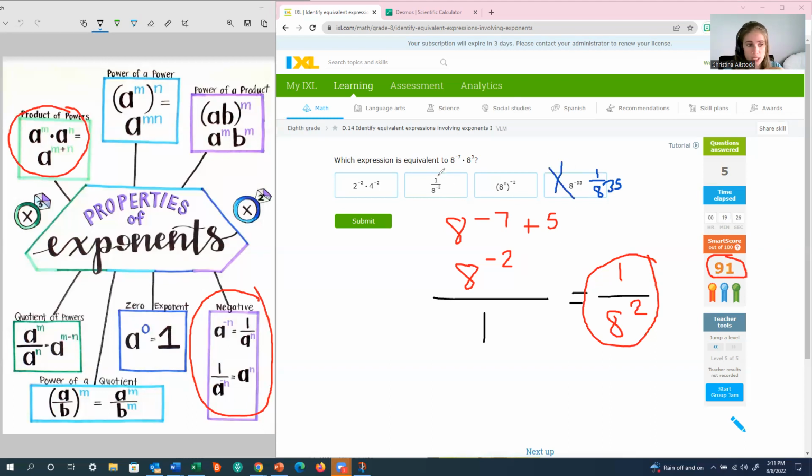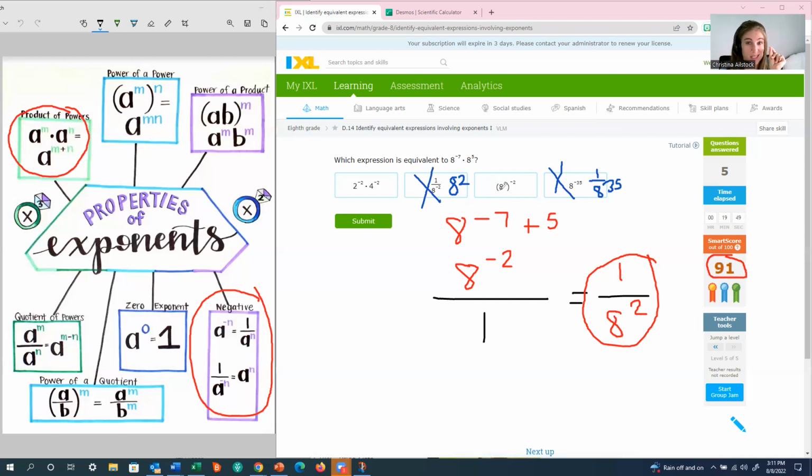All right, how about this second one here, 1 over a to the negative 2? Well, it needs to be a positive 2 in the denominator, and if I were to take that negative exponent and make it positive, which would be a squared, that still doesn't match, because that would be like saying 4 and 1/4 are the same. No, they're not. So that doesn't work.